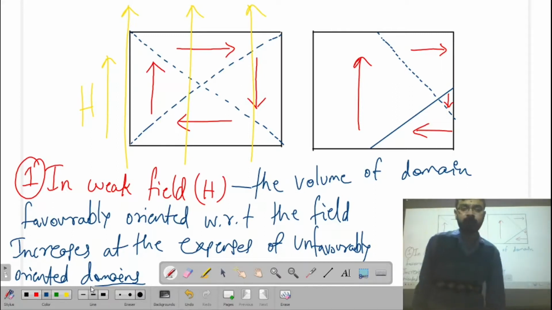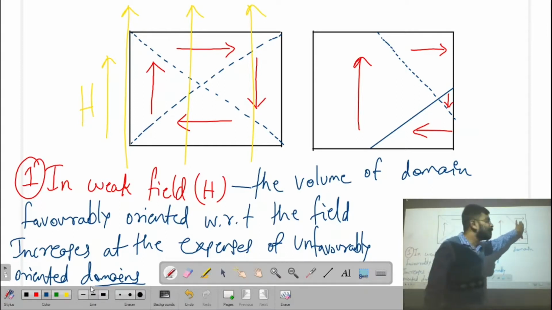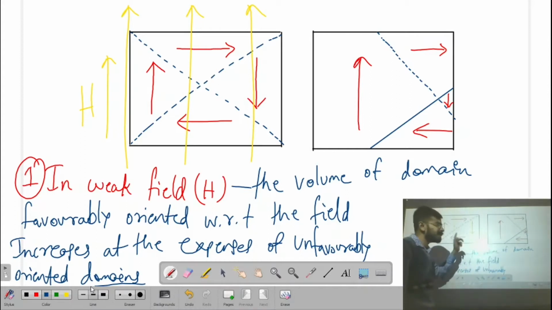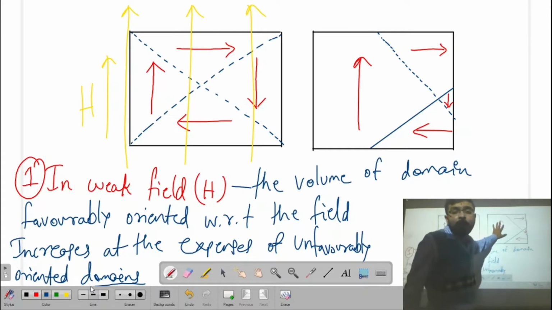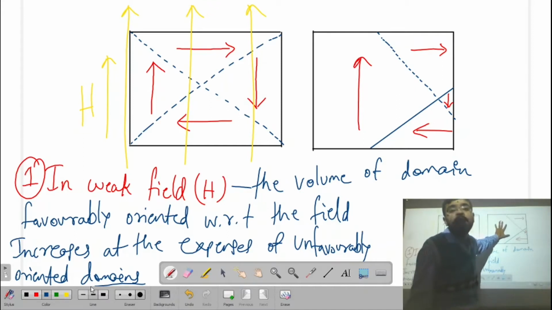Unfavorably oriented domains means this particular domain will increase its volume, its area, as compared to the other three domains. That is in the presence of a weak applied field, right? This is how ferromagnetic materials behave. Even if you remove this field, these dipole moments will retain some of their value and you will have spontaneous magnetization, right?